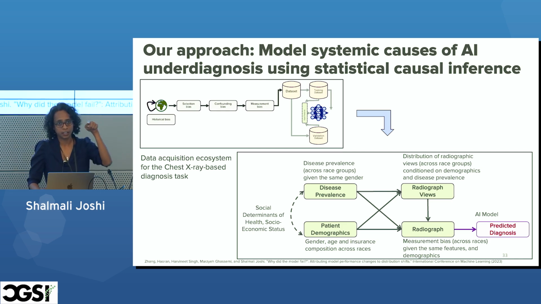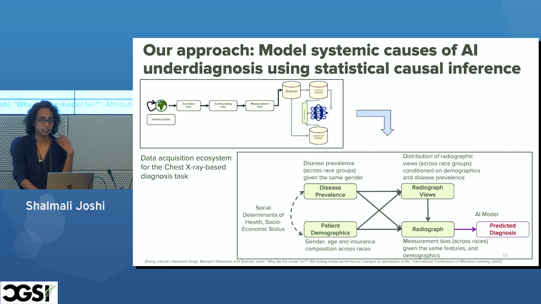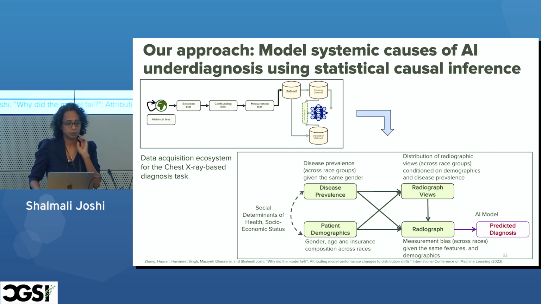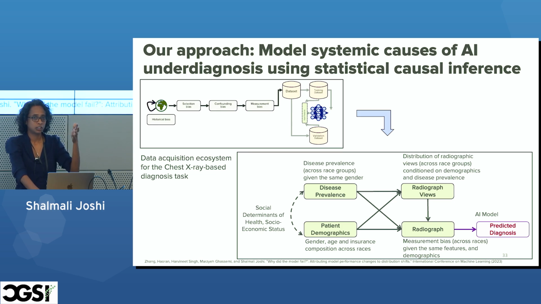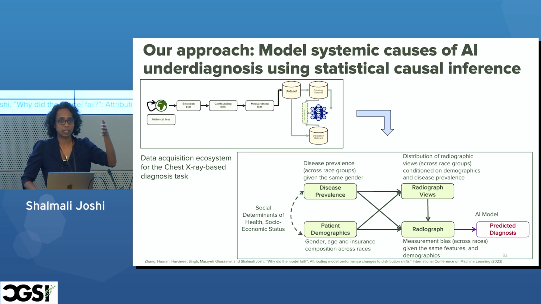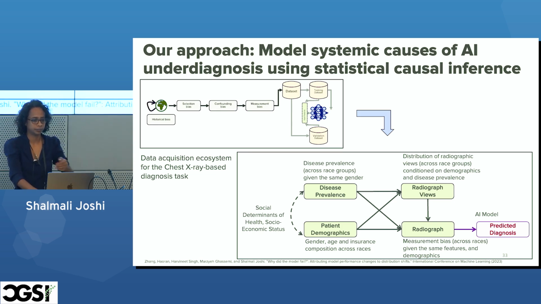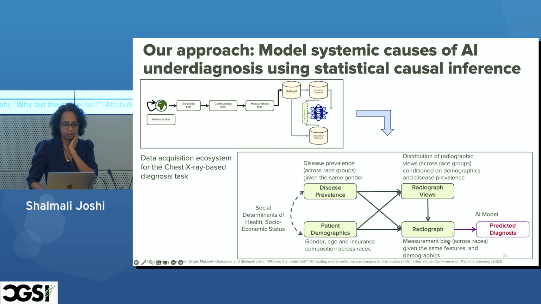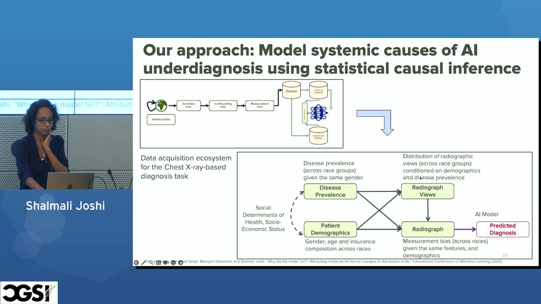The directed edges that you're seeing are causal dependencies that we think exist in the system. The bidirected edges are our source of confounding. And then there's measurement bias, which is essentially once you've figured out which views to collect, you see the radiograph itself. Okay? And then the AI model is just this purple bit, which is looking at the radiograph and coming up with a diagnosis. Nothing here up front is seen by the model.